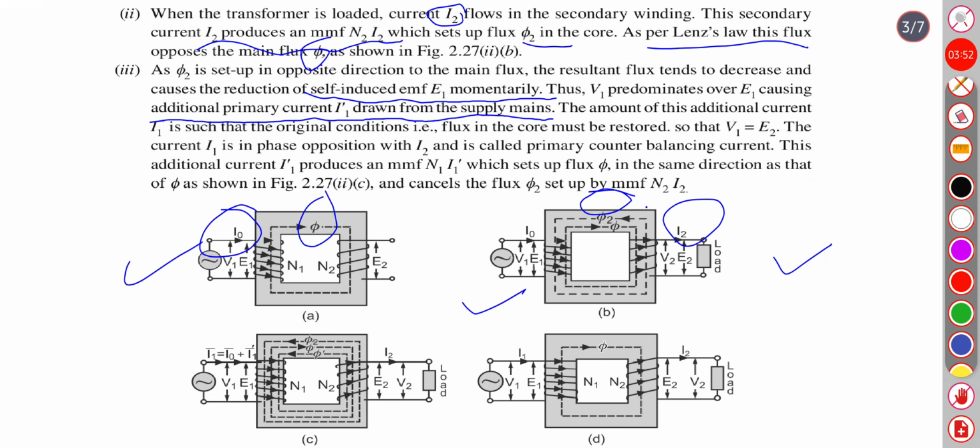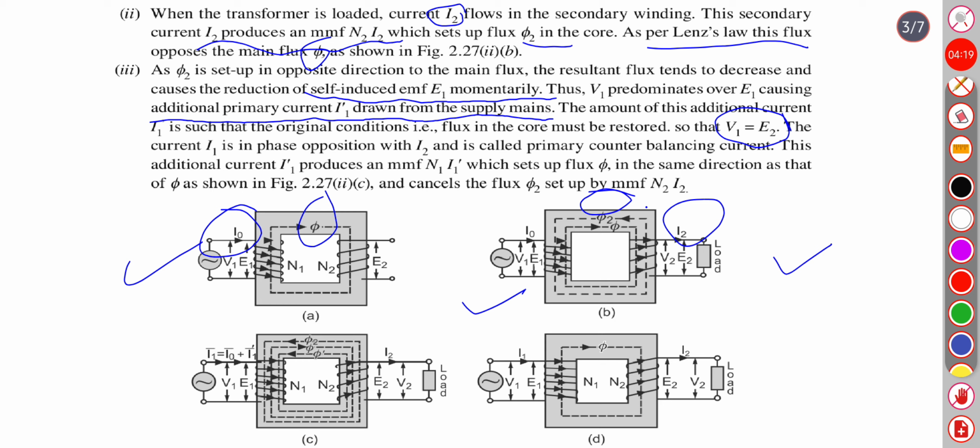The amount of this additional current I1 dash is such that the original condition of flux in the core must be restored, so that V1 equals E1. The current I1 dash is in phase opposition to I2 and is called the primary counterbalancing current.